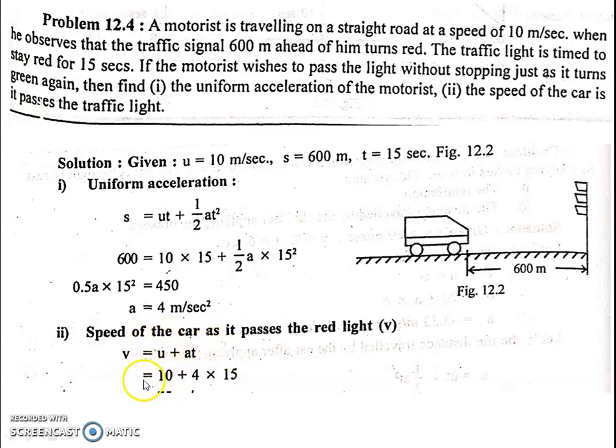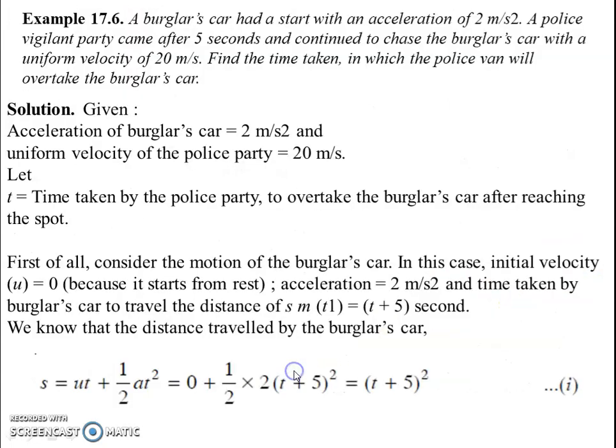So I can get easily the velocity V. Simplify this: 15 4s are 60 plus 10 is 70. V is equal to 70. If he moves with this velocity, he can pass the light when it turns green, and he covers this distance of 600 meters.